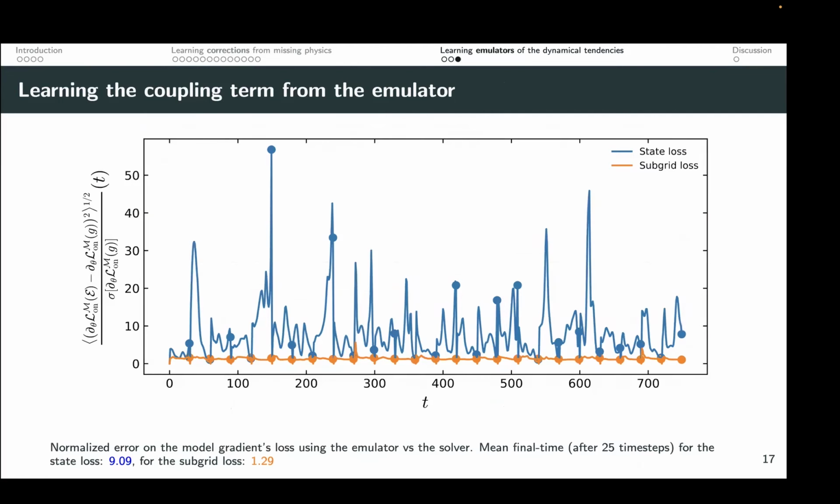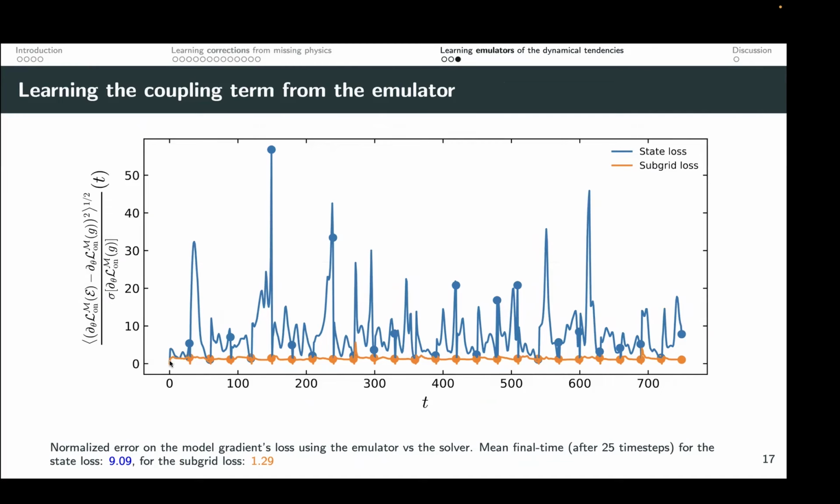Okay, so maybe one thing just to illustrate what's happening, but also we don't understand what's happening. What we're looking at is the error on the gradient of the loss based on the emulator versus the differentiable solver.